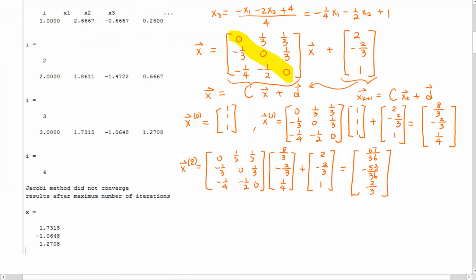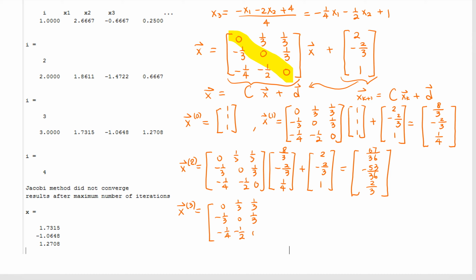Okay, this is x2, and we want to find x3 with one more step. So copy down this: 67/36, minus 53/36, 2/3.